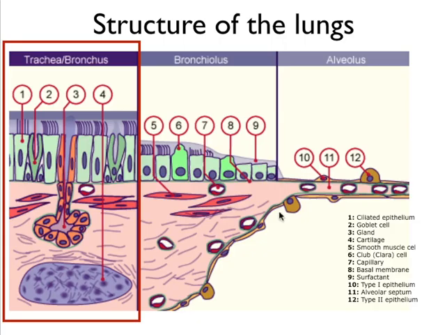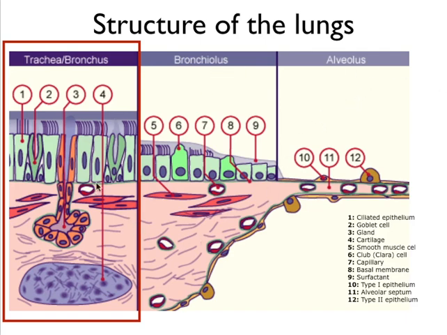So what do things look like on a cellular level? So this is the structure of the lung when you would look under a microscope. So here we have the bigger airways, the trachea and the bronchus, the bronchioles and the alveoli.